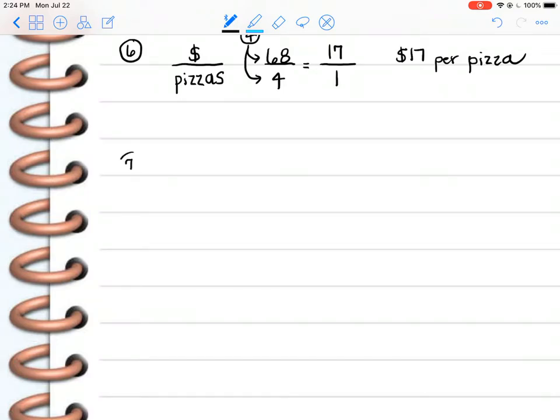Okay, number 7. We are looking at moving again, meters and minutes. Meters is the unit of distance. Minute is the unit of time. So this is not a terribly fast rate. We're only moving 1,000 meters. A meter is 3 inches longer than a yard, so you're doing a little more than a yard in 1 meter.